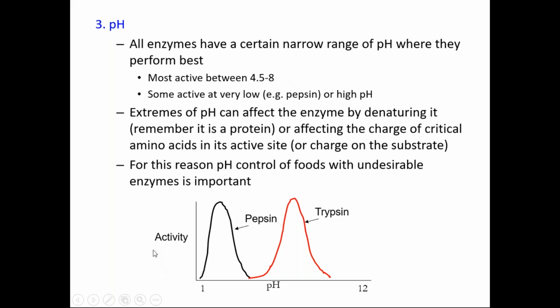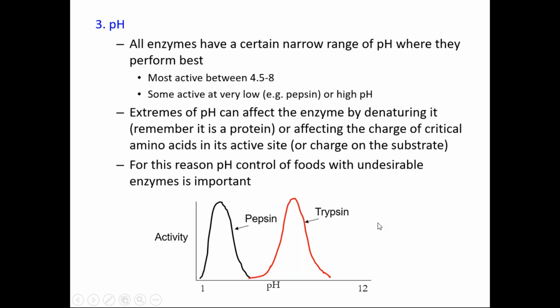So if you plot the activity of the enzyme versus the pH, or the reaction rate with the pH, what you will see is the activity increases, reaches a maximum, and then decreases. And generally it decreases either by inactivation or some change in the side chains of the critical amino acids at the active site.